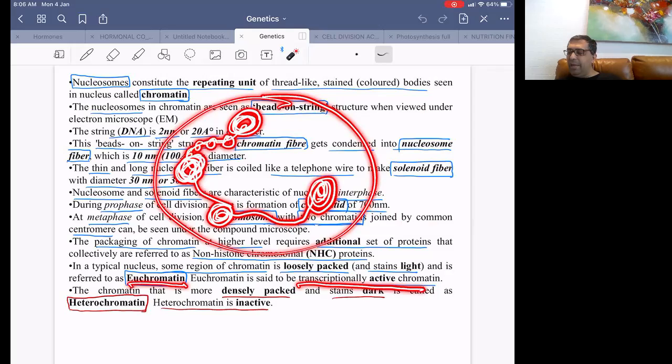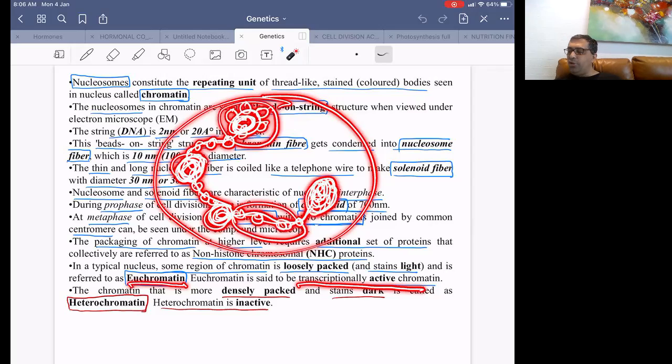So some of the bead string is tightly packed and some of it is loosely packed.